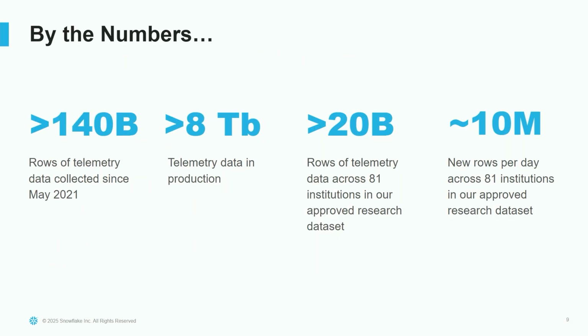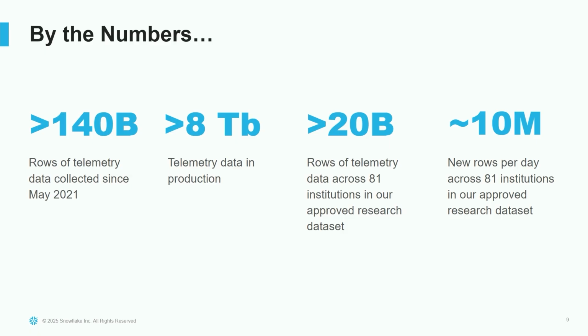So every single click in every single Blackboard institution, it's a lot of clicks. This is 140 billion rows of telemetry data collected since May 2021, which accounts for about 8 terabytes of telemetry data in production. The data science team specifically, we work on a research data set for doing the research before things are put into production.